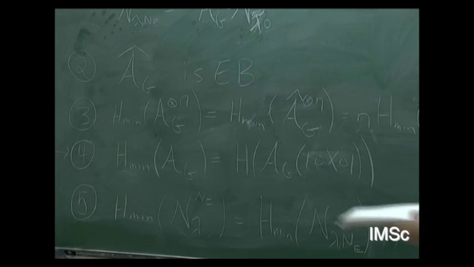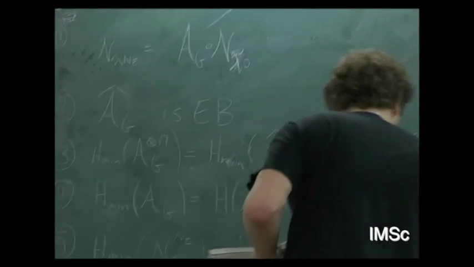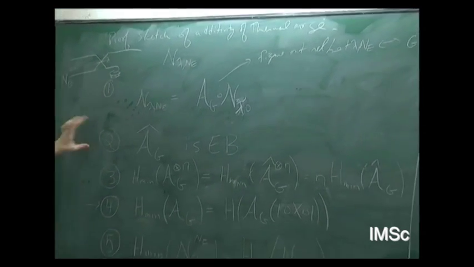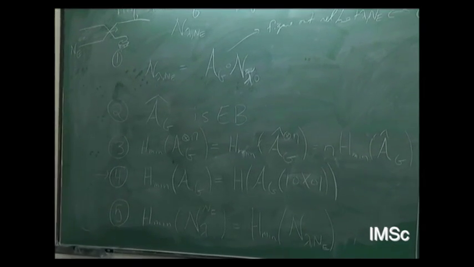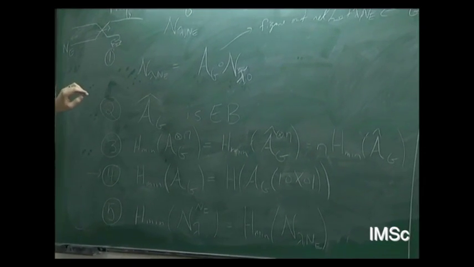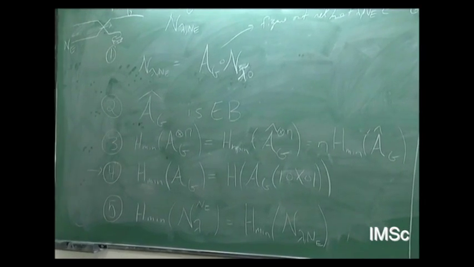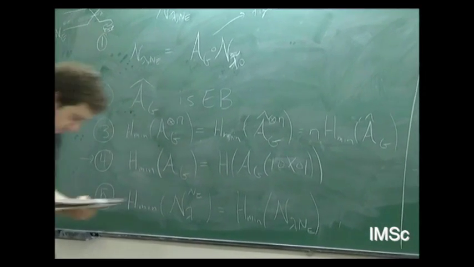So maybe I'll just show you explicitly what this 2 and this 4, these are sort of where the action is, right? So maybe first I'll just show you explicitly what this complementary channel to the quantum limited amplifier is.